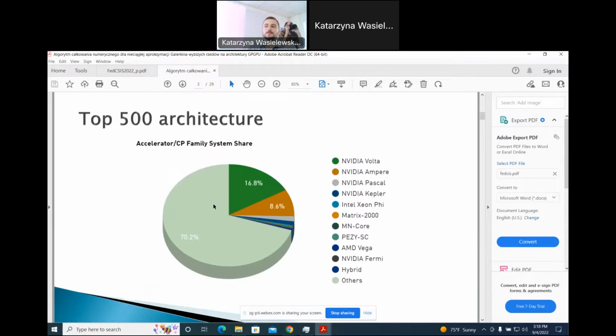And the second coincides with the use of accelerators to speed up the most demanding parts of code. In the development of modern computing accelerators, most of the architecture used is NVIDIA, and as you can see in the graph, most of them are NVIDIA.